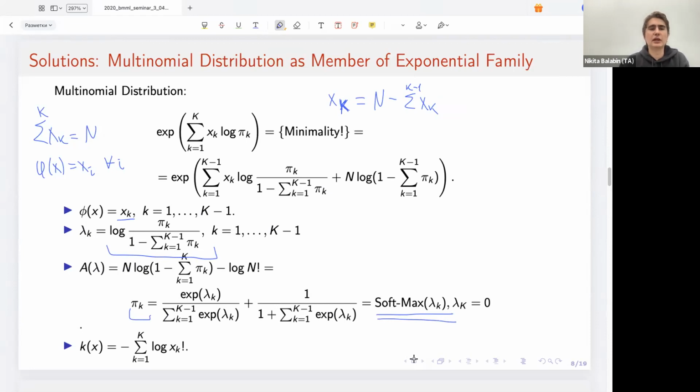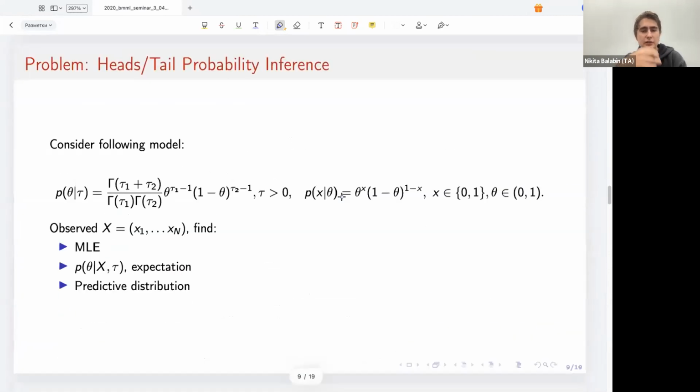Again it is some convenient substitution, but the main part is to show that we have the factorization here. Okay, so we showed that familiar distributions such as normal and multinomial are members, and let's go further.